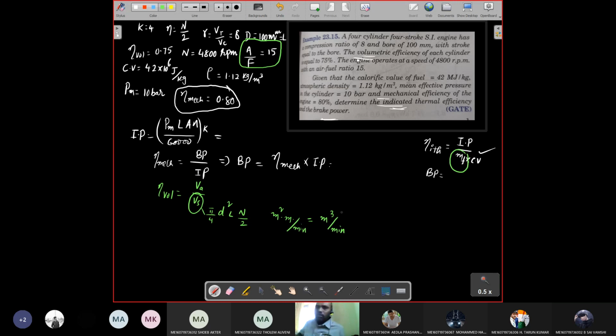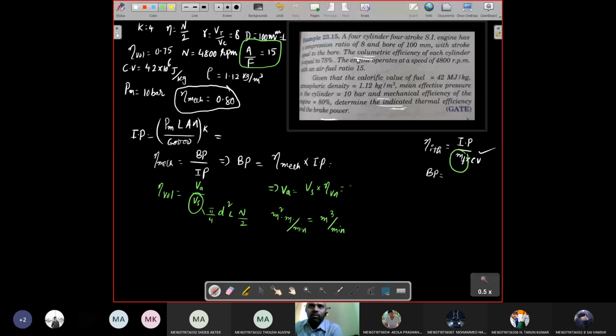Now how to get the actual volume? What I wrote is the swept volume. Therefore V actual is equal to V swept volume multiplied by the volumetric efficiency. This swept volume is in terms of meter cube per minute; you can convert it into meter cube per second.